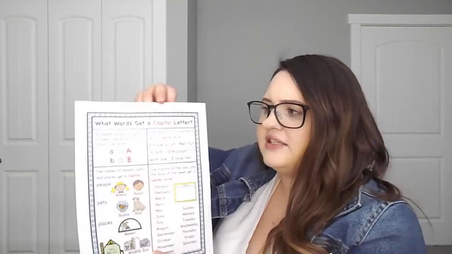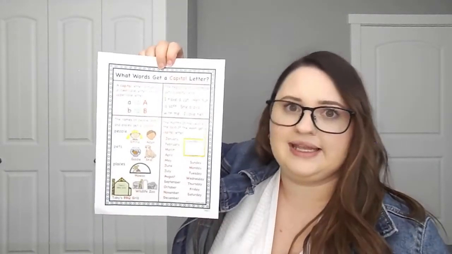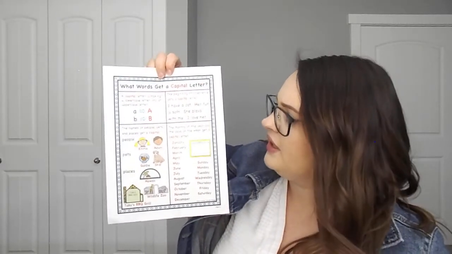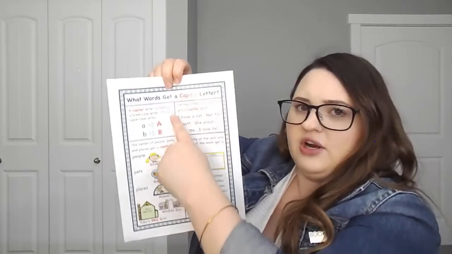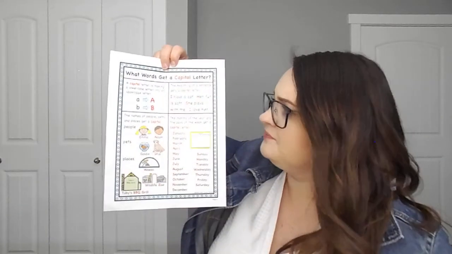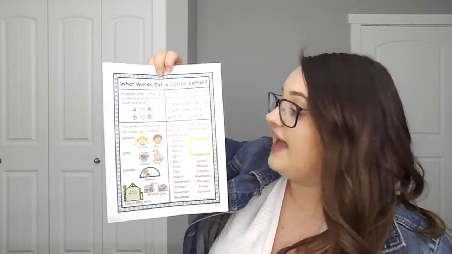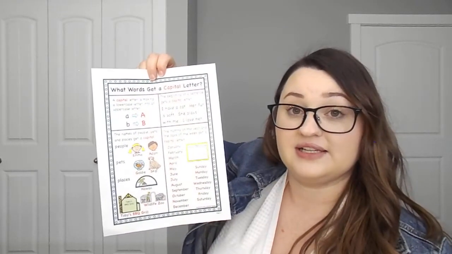Okay, now let's go over what words get a capital or an uppercase letter. The first part of your chart, touch this part, says you get an uppercase letter at the very beginning of your sentence.